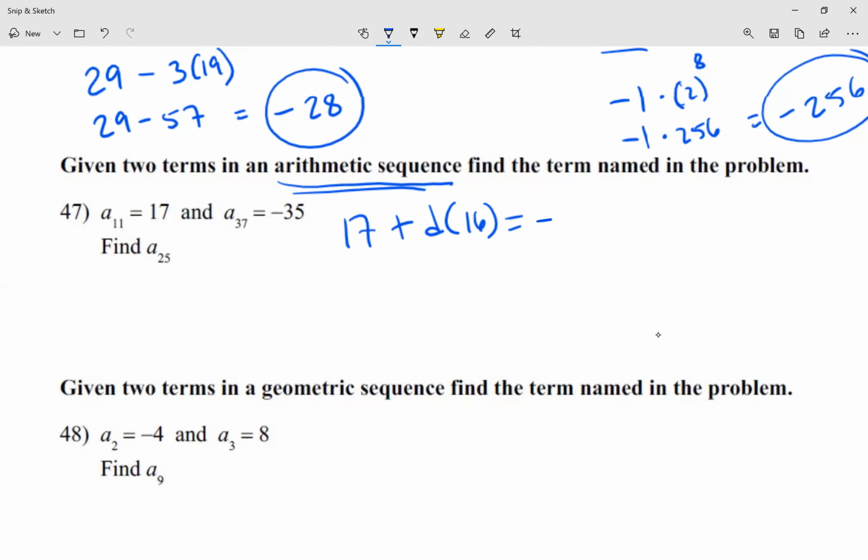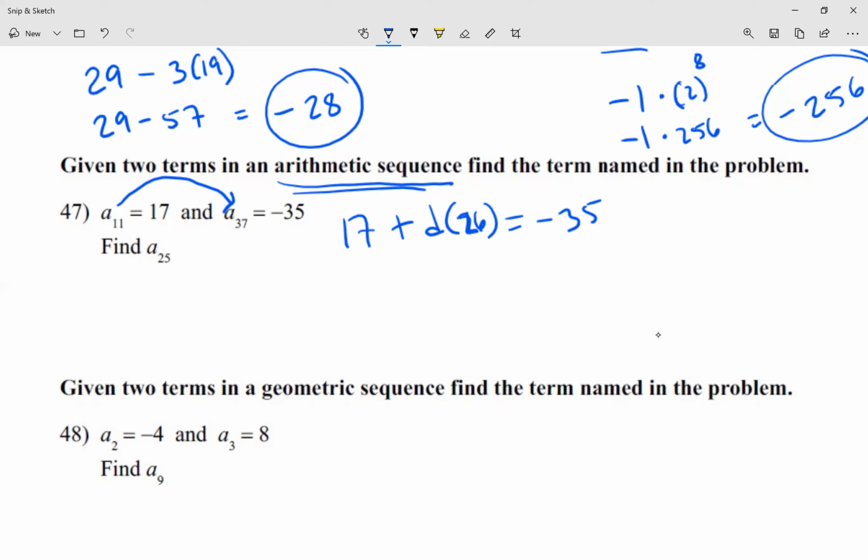And this is going to equal negative 35. All right, 16 times, because from the 11th to the 37th number, isn't that 16? Actually, 26, right? Yep. So I have 26 times.